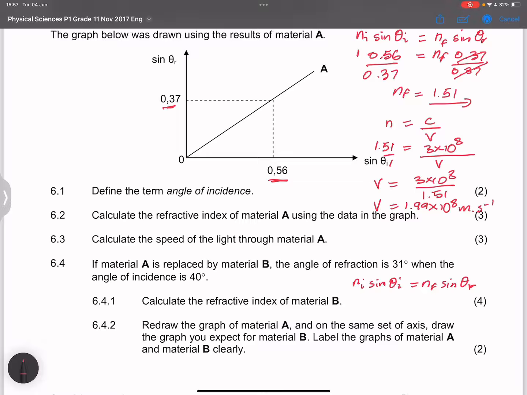So we know this is 1 multiplied by the sine of 31, that's the angle of refraction. So the angle of incidence is 40, so that would be sine of 40. And in this case, we're looking for nf, the refractive index, times sine of 31.